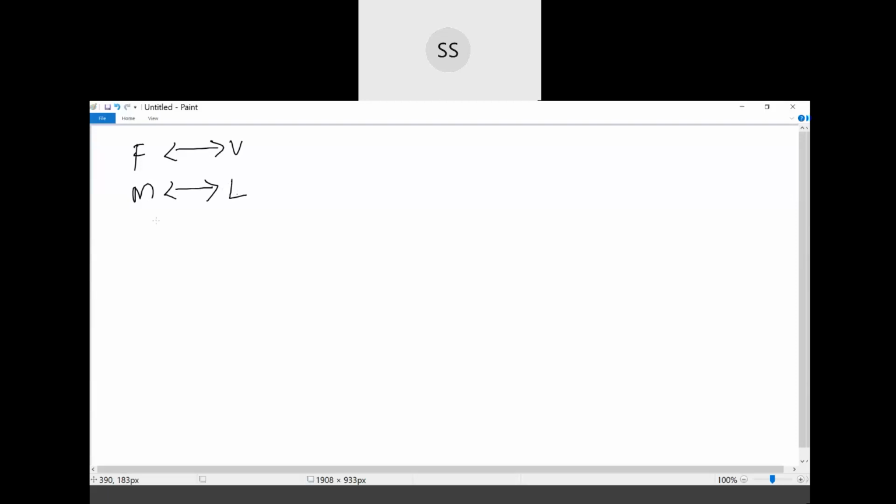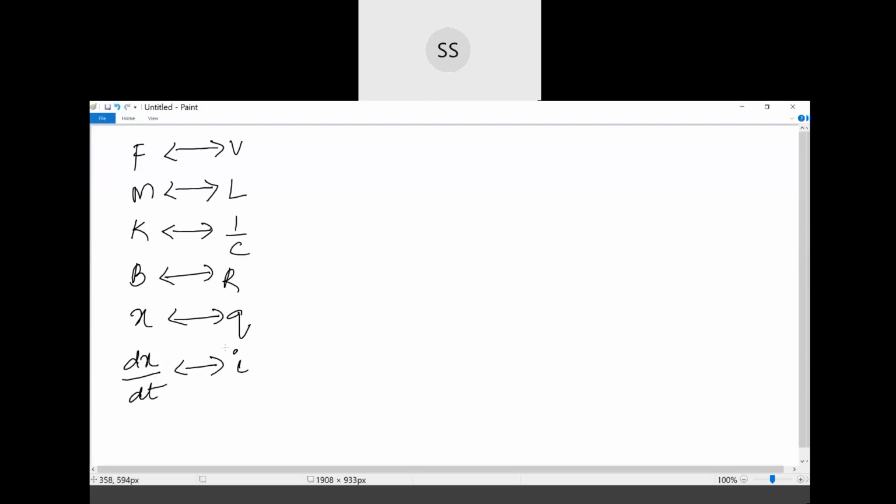Inductance L. The K is analogous to 1 by C. Then the friction is analogous to resistance R. Then displacement X is analogous to charge Q. And the velocity dx by dt is analogous to current I. So these are the important relations.